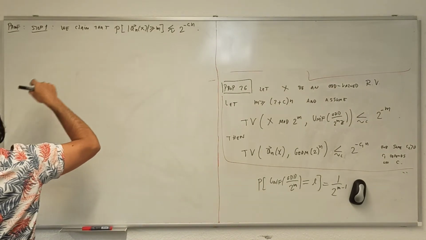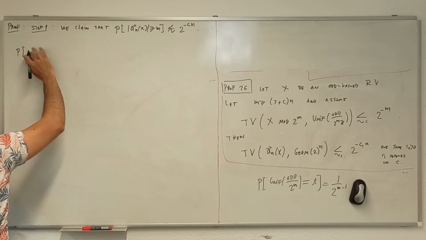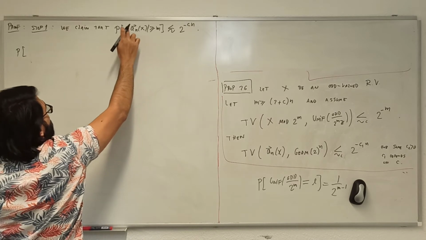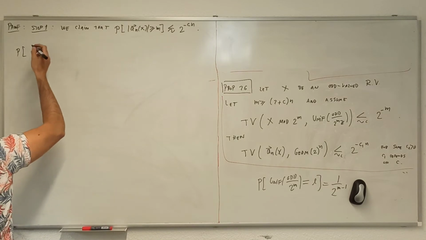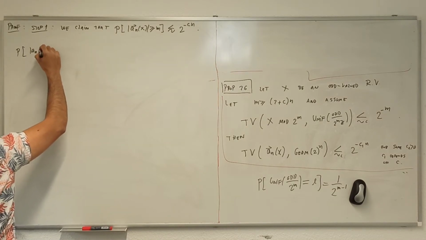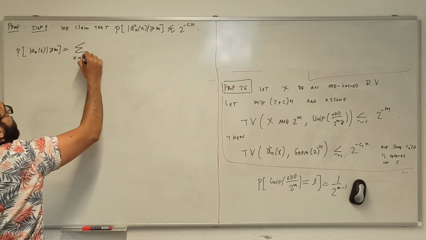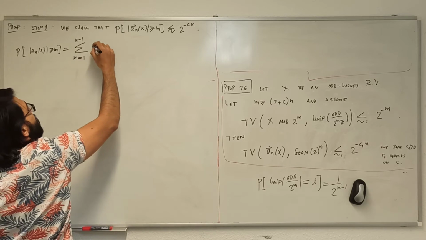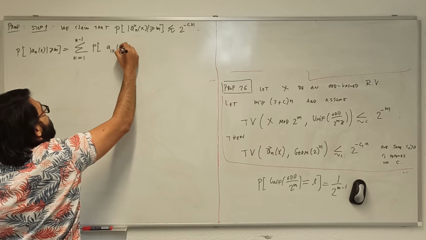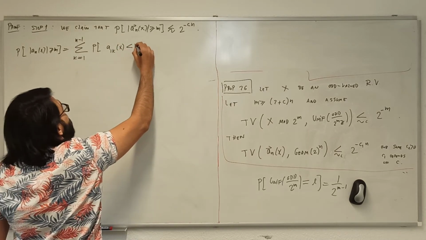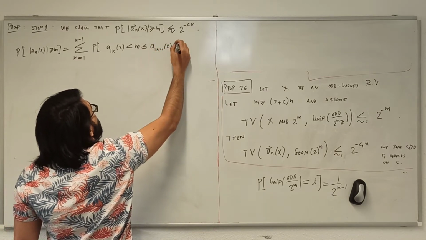Okay, so how can we do that? Well, one nice way of doing this is, these guys are always positive, so this thing is just a sum of the entries of the vector. So one thing is to write this as a sum from k equals 1 to n minus 1 of the probability that the partial sum is less than m, which is less than or equal to a1k plus 1 of x.